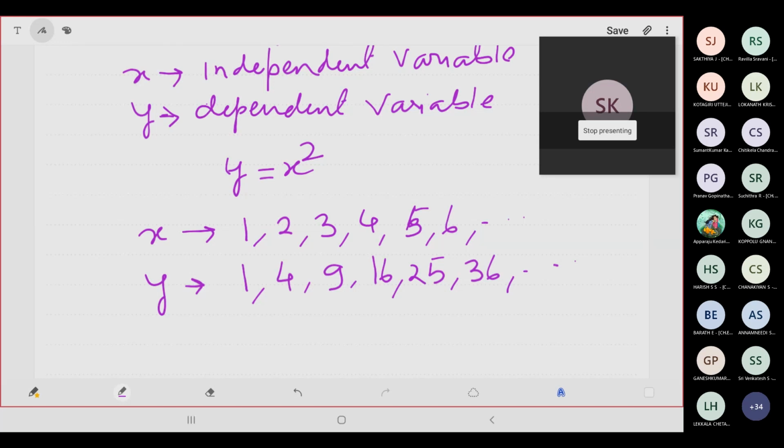That's why, if any relation is given in the form y is equal to f(x), x is the independent variable, however y is the dependent variable.